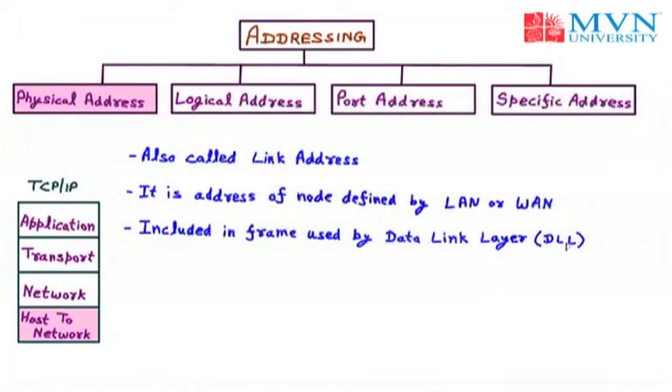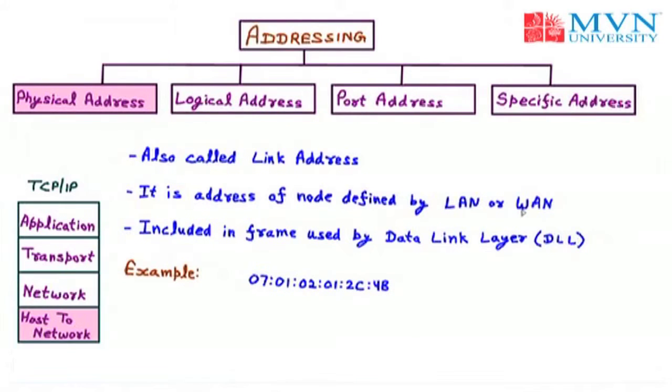To understand the physical address that is imprinted on your LAN card, let us take an example before going to the diagram. We have a particular address in a format like this: 07, 01, 02, 01, 2C, 4B.